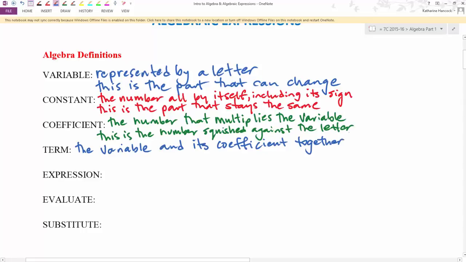So x on its own, that would just be a variable. 2 on its own, that could just be a coefficient, but 2x is going to be the term. Expression is then a collection of terms, all added together or subtracted. However, they're a collection of terms all together.